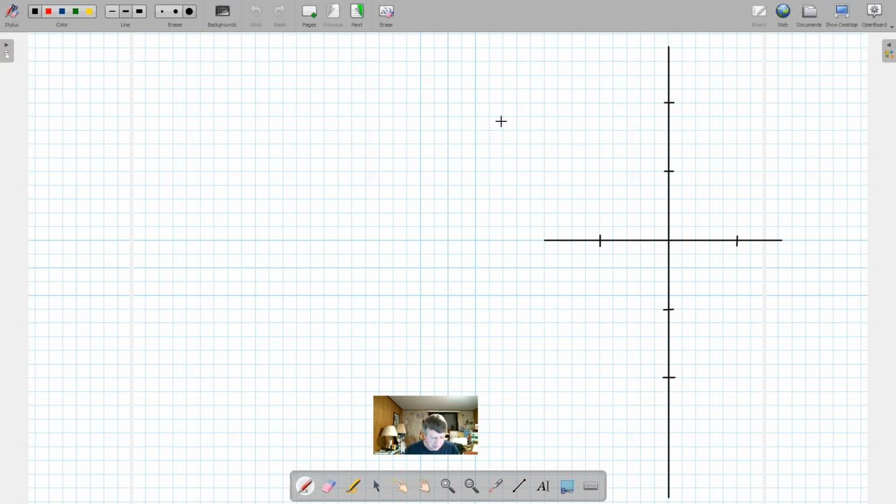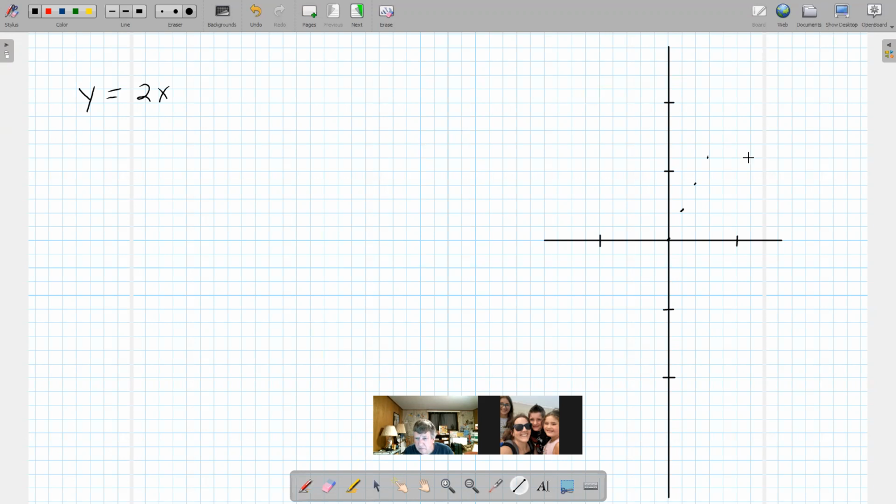Okay. So in the past, we have looked at, for instance, linear equations. Here's an example, y equals 2x, and it looks like this.